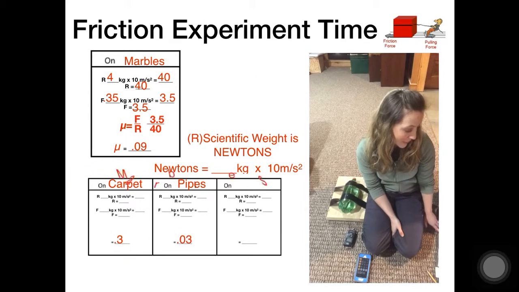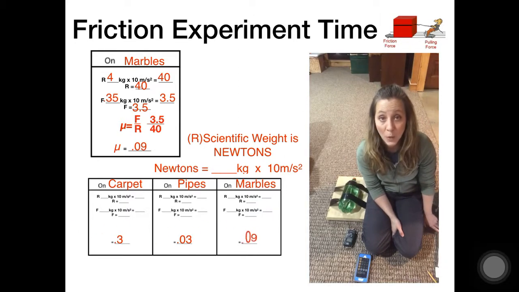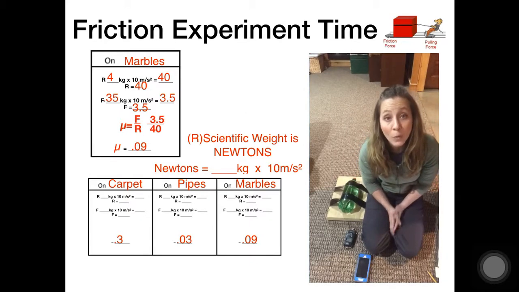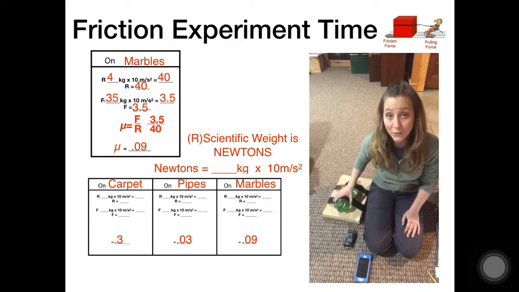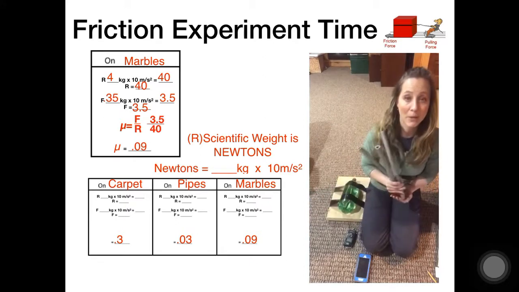And on the marbles, our coefficient of static friction was 0.09. So we really discovered today that the coefficient of static friction of these three things, the one that is less is actually the middle one there, the pipes.